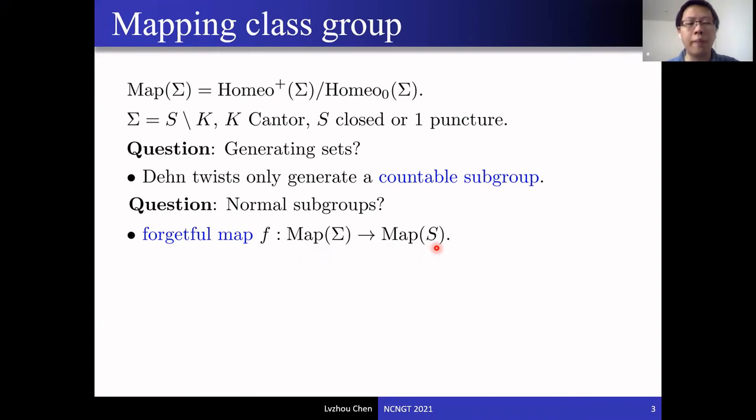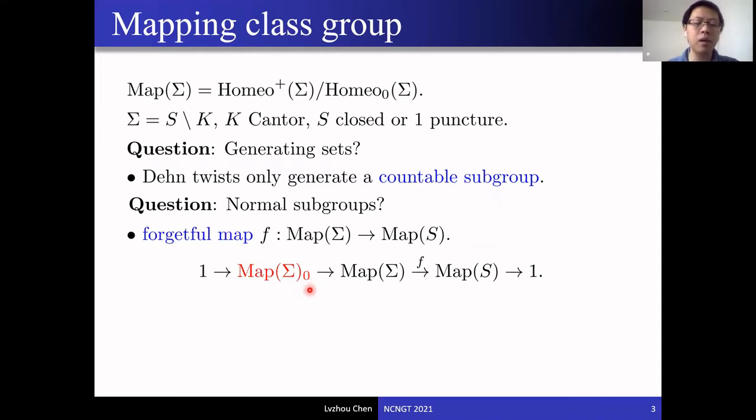And the forgetful map forgets the additional information that we are preserving the Cantor set and treats these mapping classes as ordinary mapping classes. This map gives a surjective homomorphism, and we denote the kernel by adding a subscript naught. This kernel gives us a countable index normal subgroup, since the image here is countable.